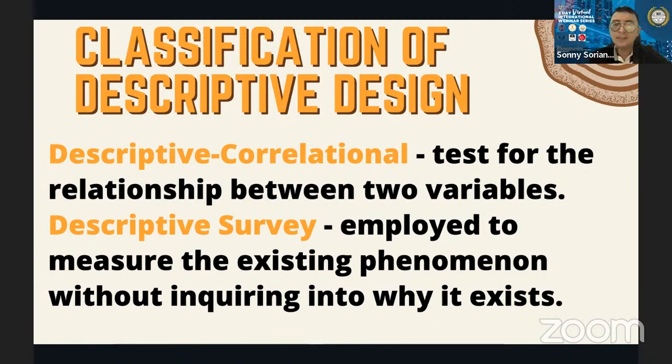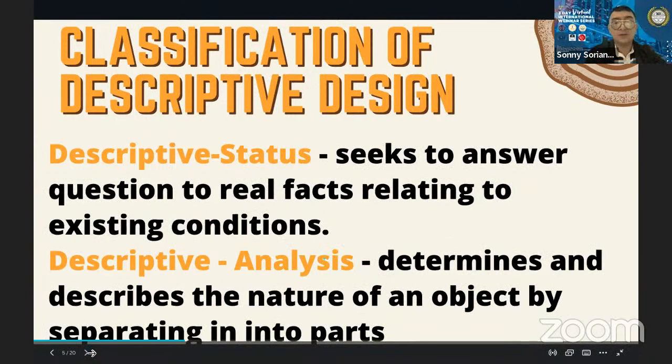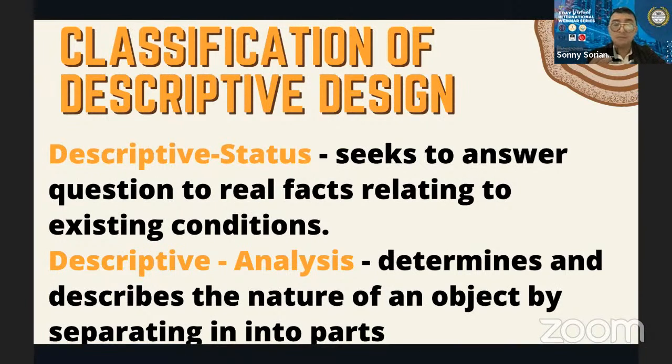First, we have the descriptive correlational. What is this? We are just testing for the relationship between two variables. Another is the descriptive survey. It is employed to measure the existing phenomenon without inquiring into why it exists. Another classification of descriptive design is descriptive status.